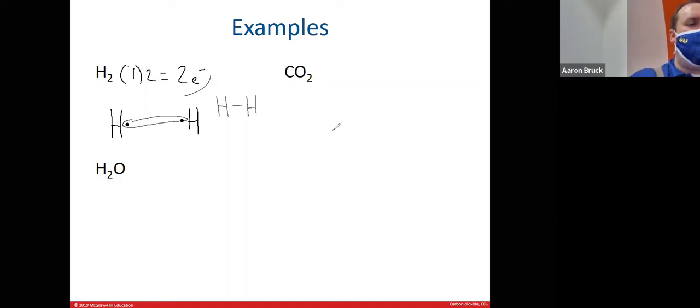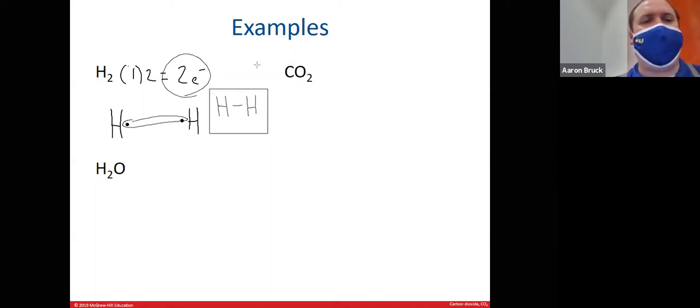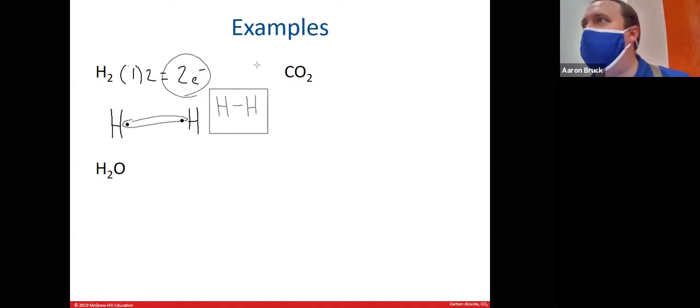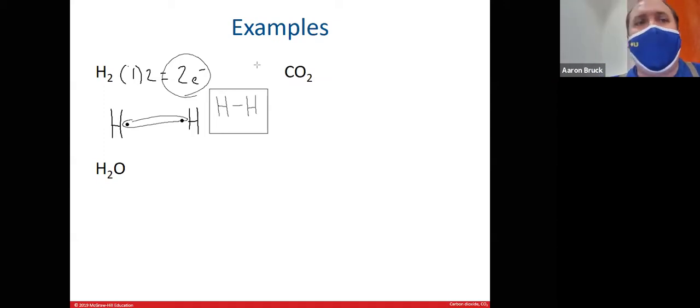Now, where does this come in here? This is a check for ourselves. The structure that we drew should only have 2 electrons in it. It only has the single bond, and each bond is worth 2 electrons. So we've met that criteria. Now, if we didn't, then that would be a cause for us to look back and make sure: did we calculate the number of electrons correctly, or did we make a mistake?